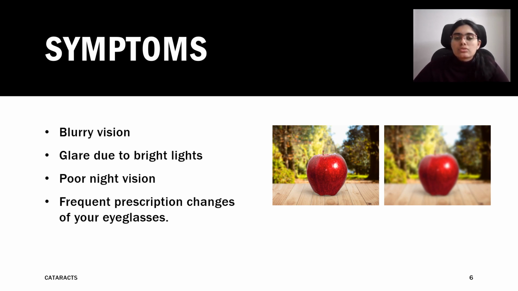A lot of patients also complain of glare due to bright lights and often complain of glare at night when they're driving. Another common symptom is poor night vision. And if you also find that you have to change your prescription glasses at an increased frequency, then that could be a sign of cataract. Either way, each of these signs and symptoms needs to be thoroughly checked by a registered ophthalmologist.